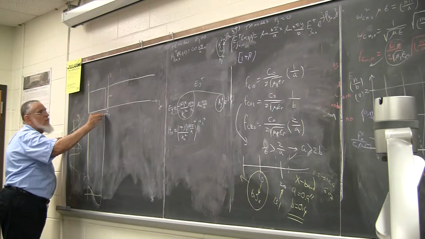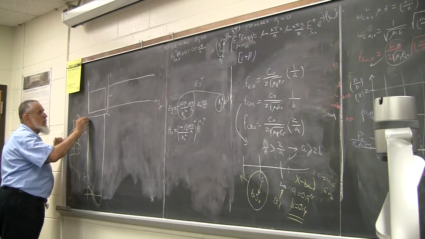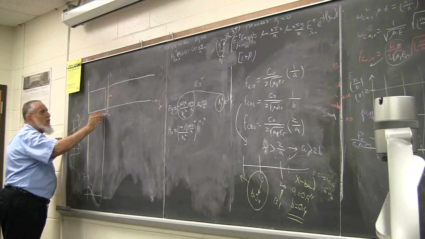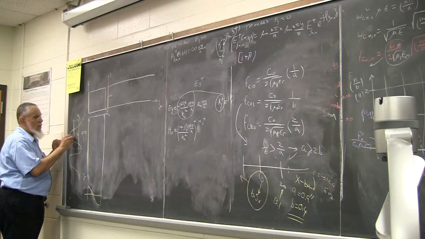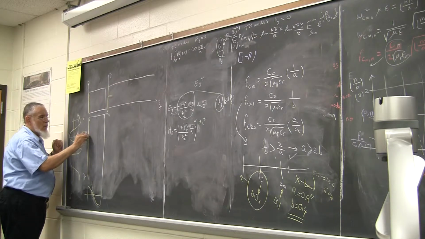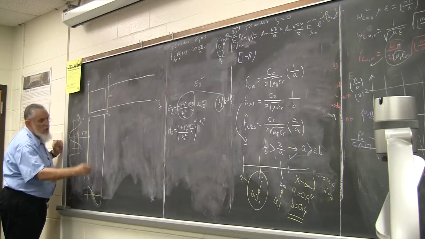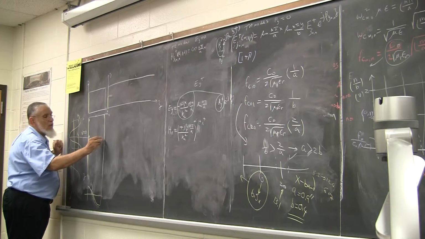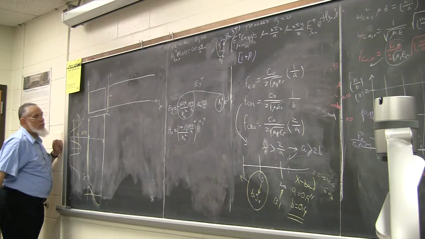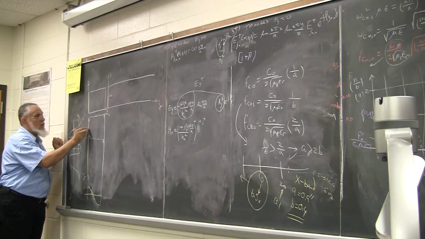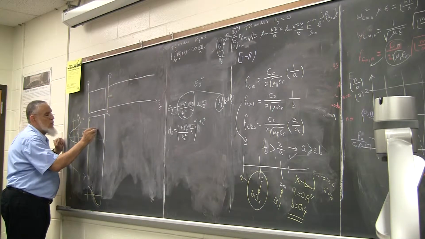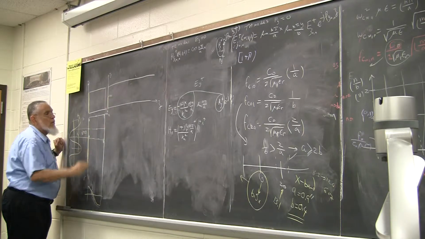It's positive here, 0 there, negative there. If I go this way, it becomes negative here, and negative times negative will be positive here. And over here is going to be 0. 0 and 0, that means 0 here and 0 there.